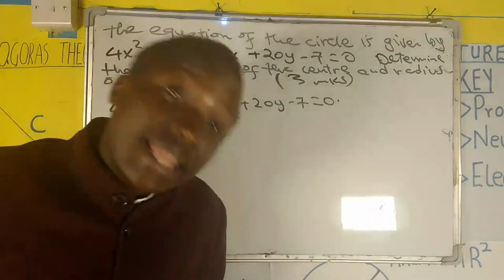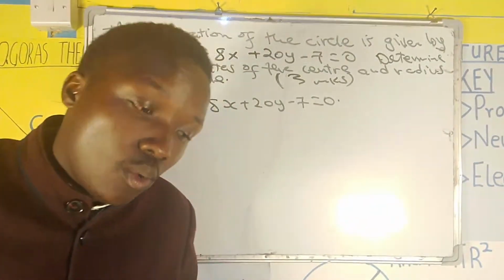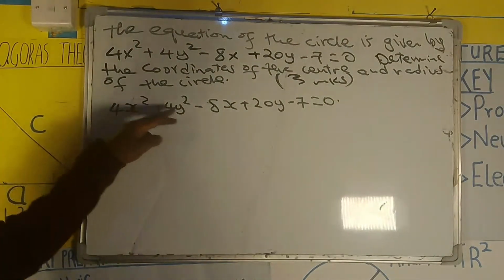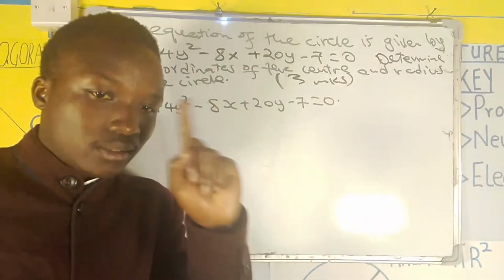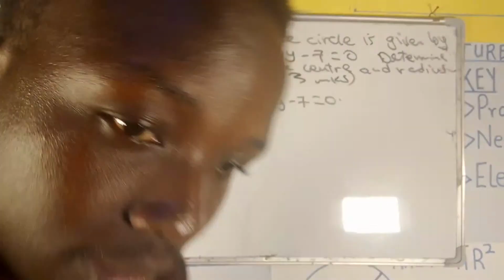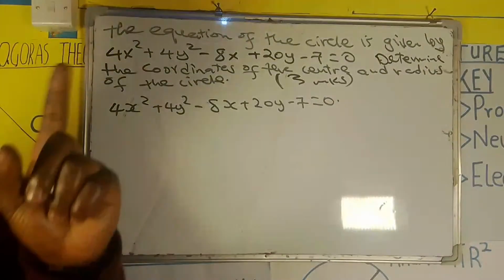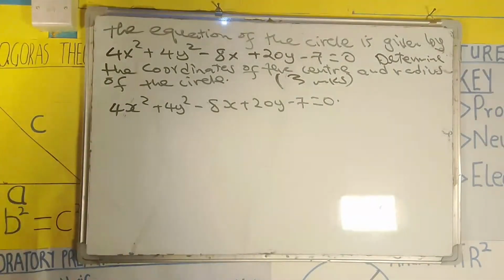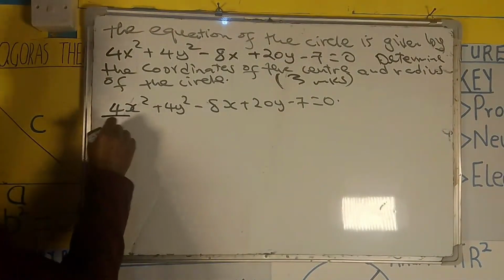Kabla tuendelee anything, tunafaa kuhakikisha the coefficient of x squared and that of y squared is 1. Tuhakikisha coefficient yake ni 1, moja tu. So tuta divide by 4 kila kitu.